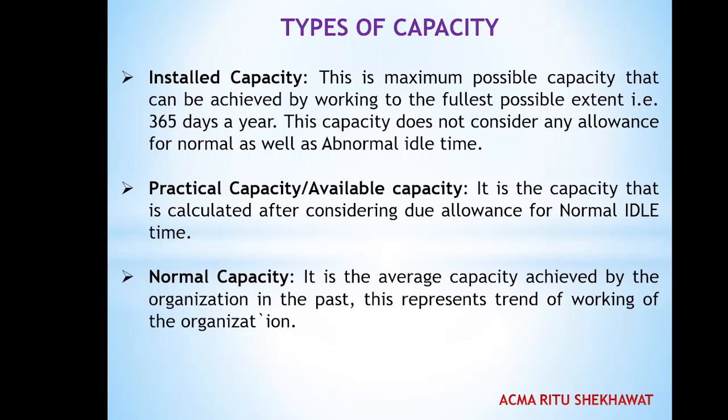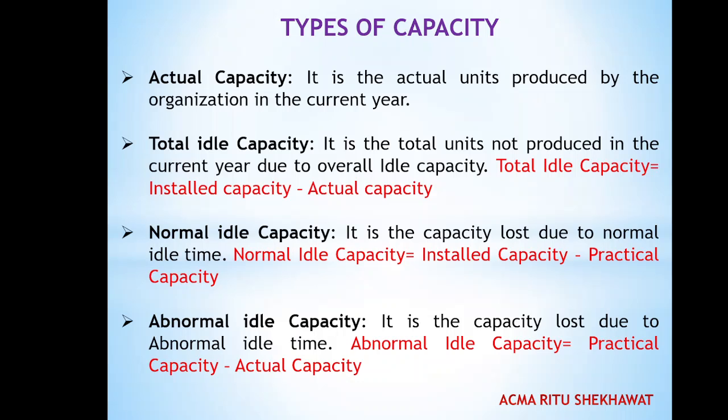This represents the trend of working of the organization. Actual capacity is the actual units produced by the organization in the current year. This is actual production, whatever has been done by the industry.